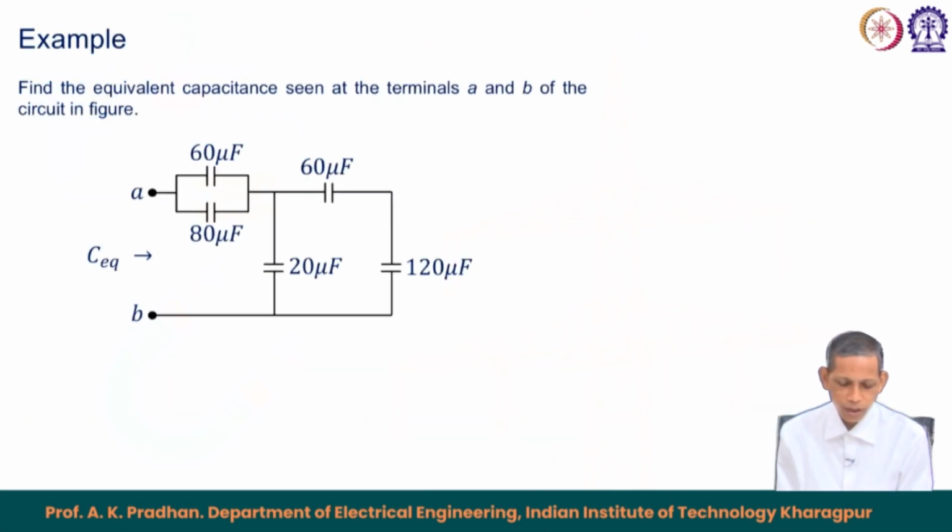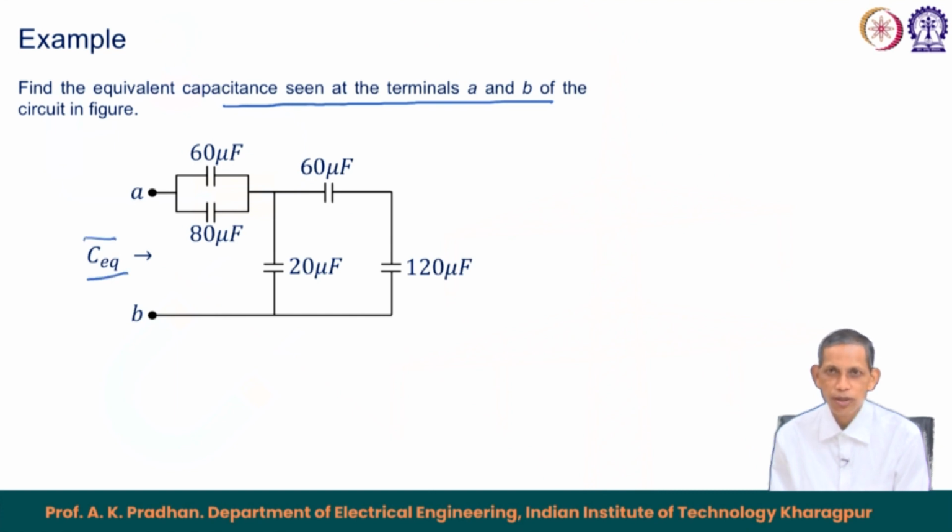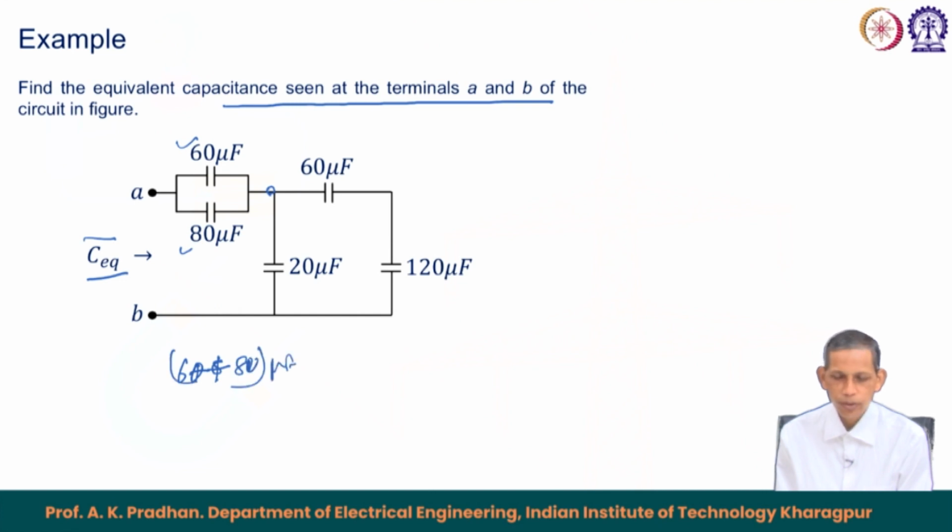Find the equivalent capacitance seen at the terminals A and B of the circuit shown here. We would like to find CAB, or C equivalent at the terminal AB. What we see here is that 60 is in parallel with 80, so this point to this point will be 60 plus 80 microfarad; parallel means added.